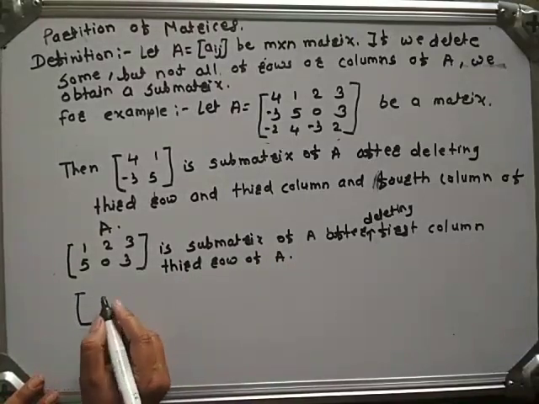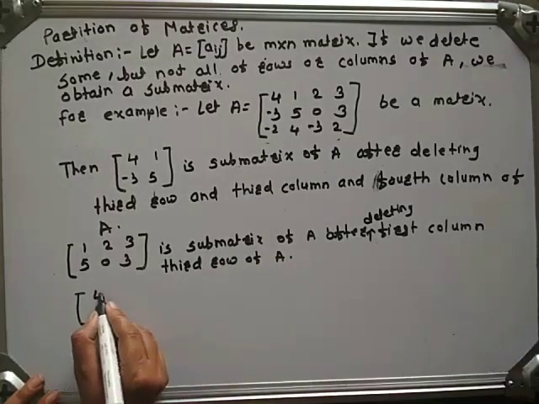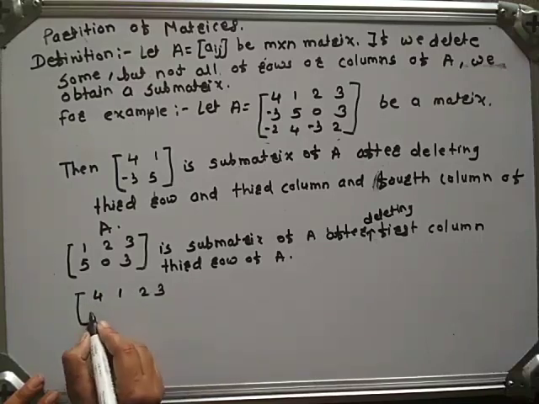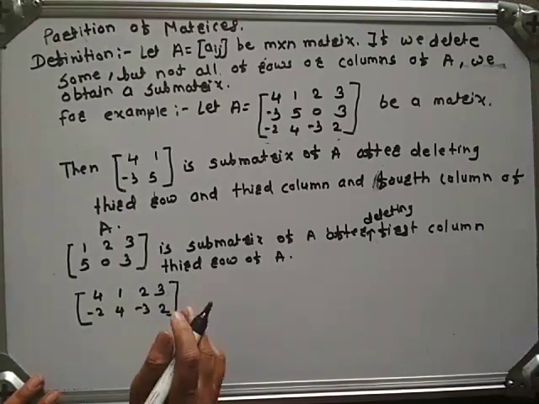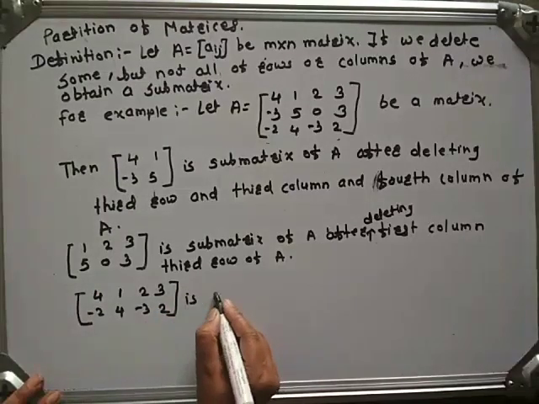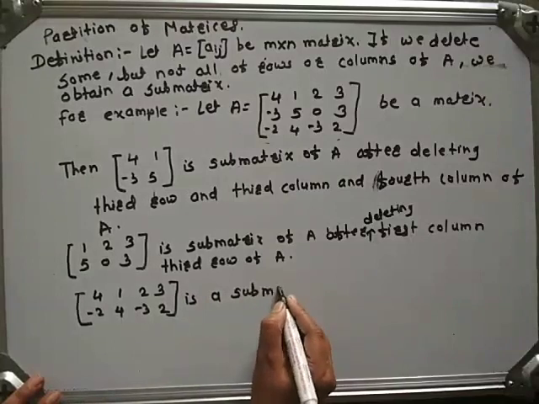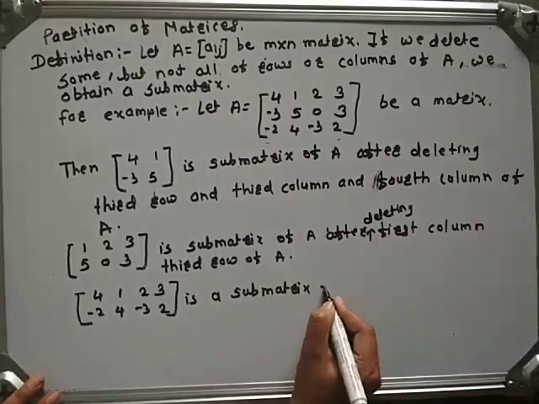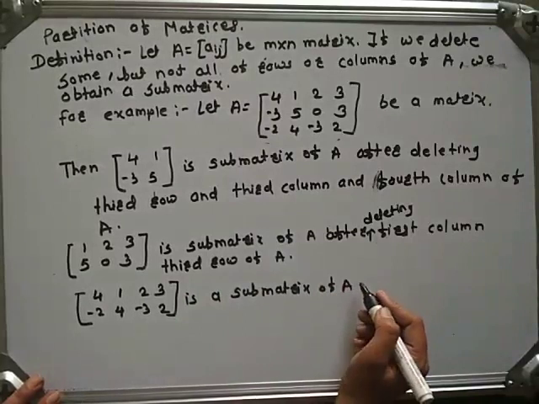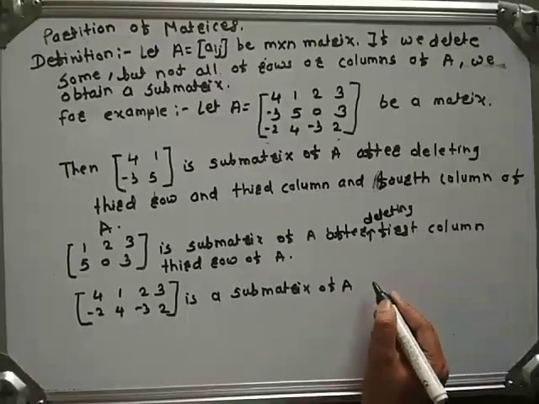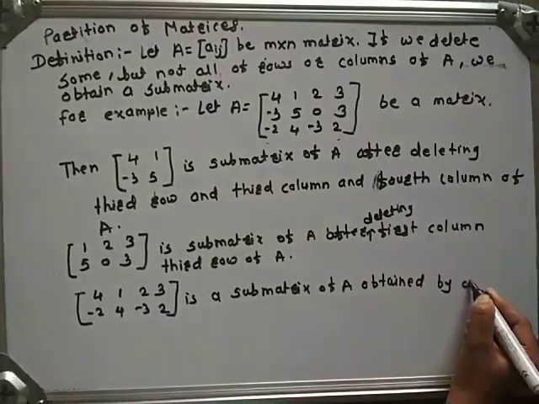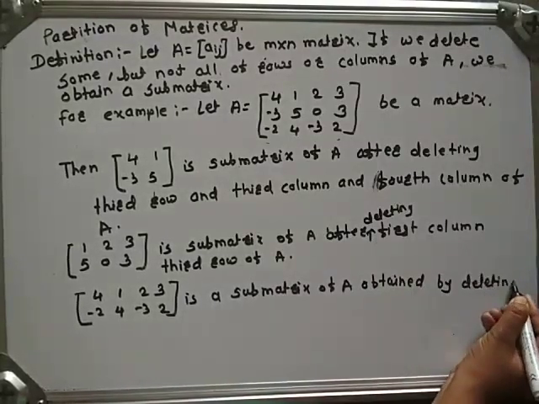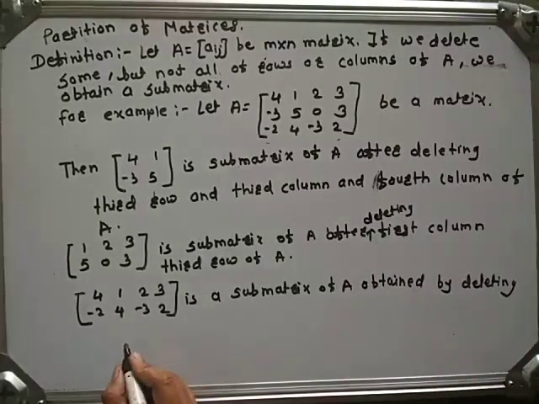Then the second matrix, suppose 4 1 2 3 minus 2 4 minus 3 2. It is also a submatrix of A. How is it obtained?